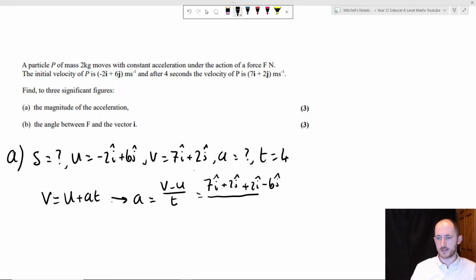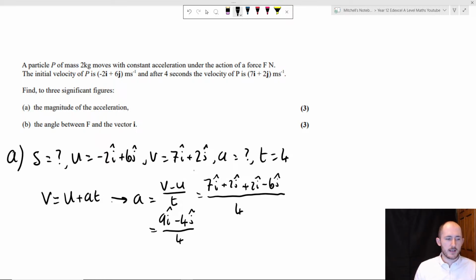And that's all over the time, which is 4. So we have 7i plus 2i is 9i. And we have 2j minus 6j is going to be minus 4j, over 4.